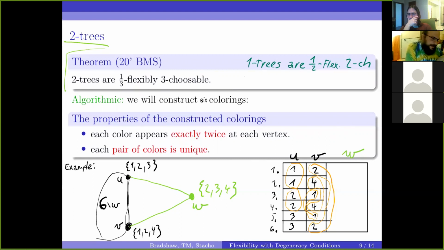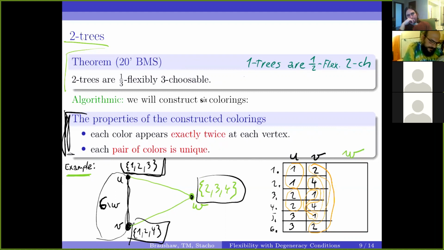Let me show you an example of a specific situation. As I said, we will use induction. So we produced those 6 colorings with those 2 properties on G without the vertex W, and now we are about to add vertex W. We have lists of size 3, so those are the lists of size 3.